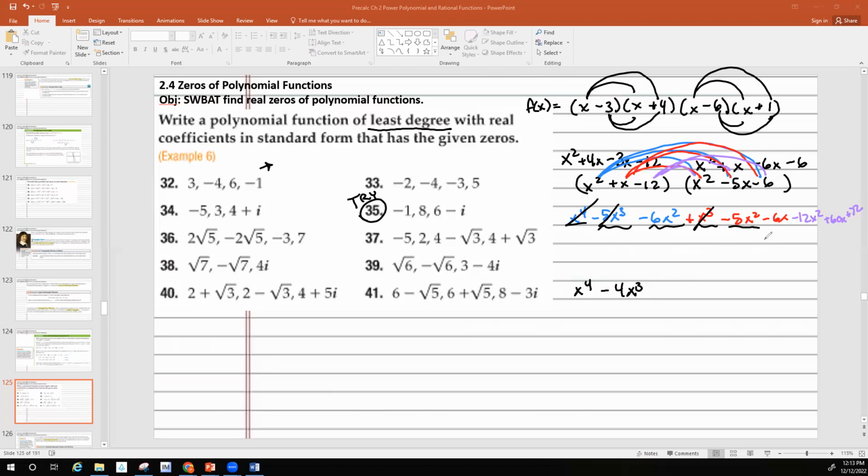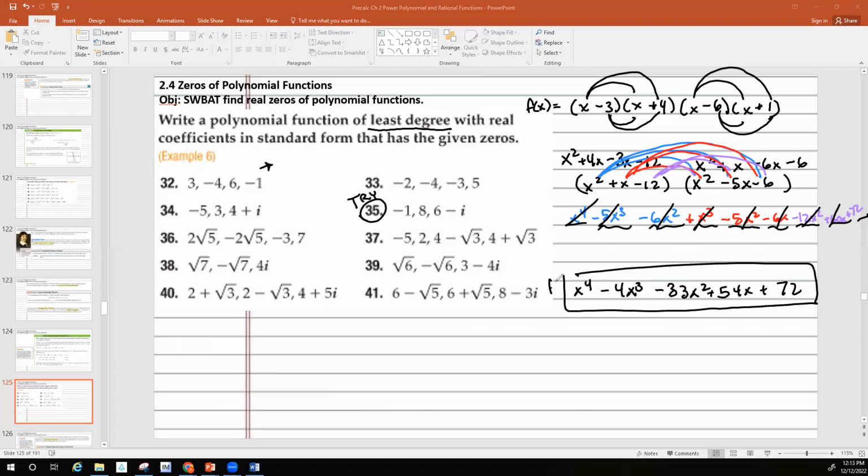Negative 6 minus 5 is negative 11, minus 12 is negative 23, x squared. And then the x terms are negative 6x plus 60x, that is 54x, and plus that 72. And that's it. Oh, don't forget f of x.